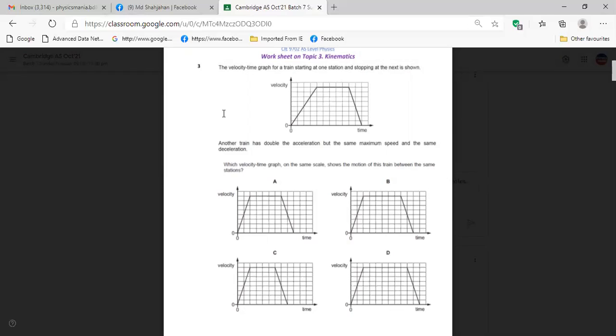In a velocity-time graph, the area under the graph gives us distance or displacement, isn't it? So you should use that idea also. Which one is matching with this area under the graph?